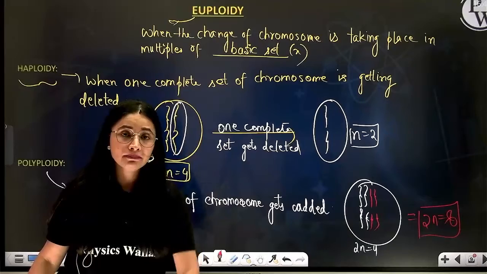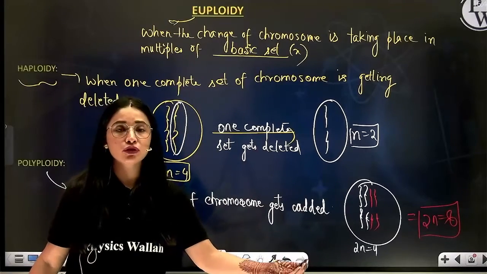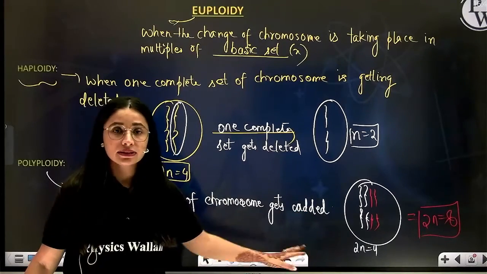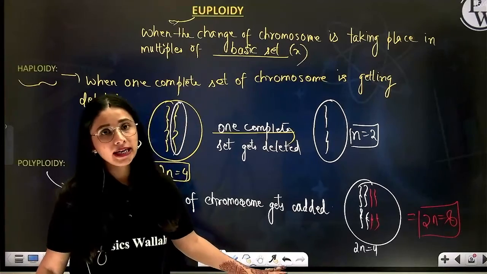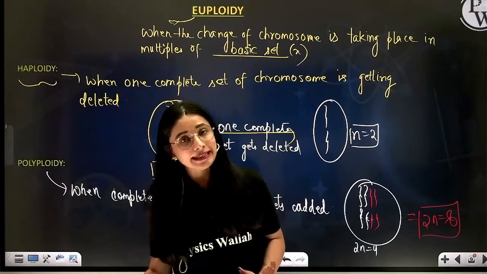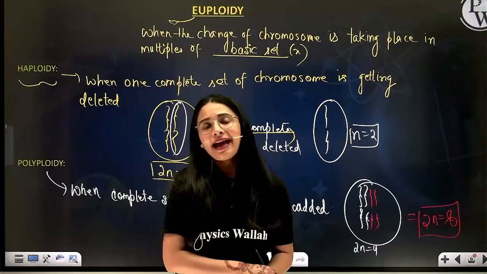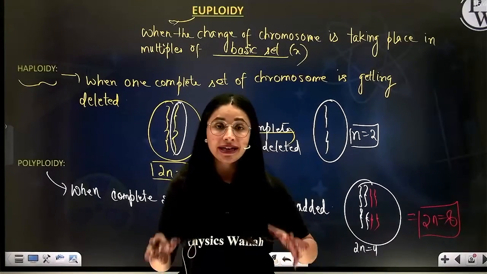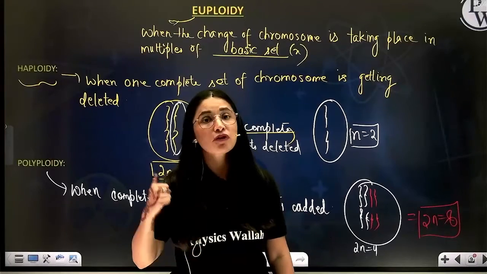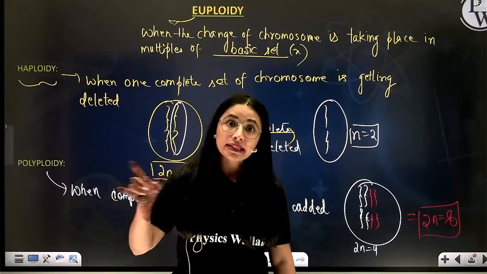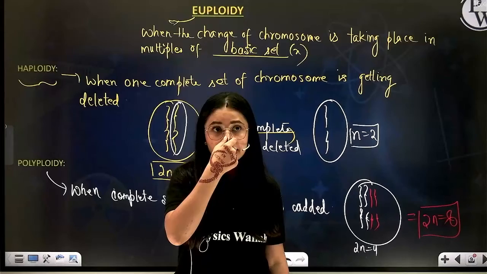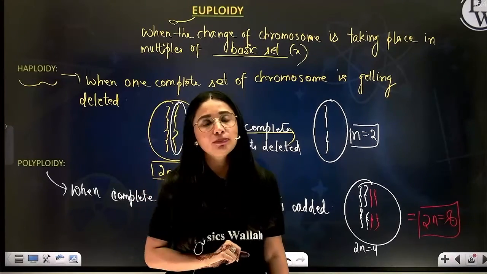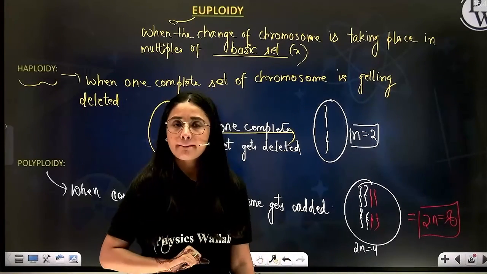So when one complete or more than one complete sets of chromosome are added, this condition is known as polyploidy. If the same thing gets deleted, then it is known as haploidy. Whatever is happening, either addition or deletion, it is taking place in multiples of basic set. Therefore, this type of mutation is known as euploidy genomic mutation.